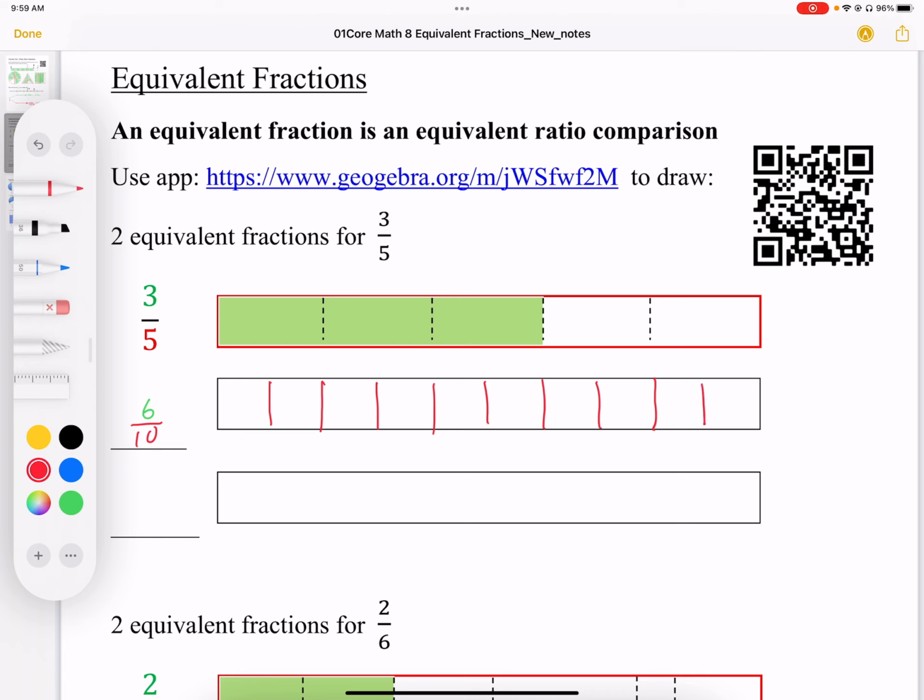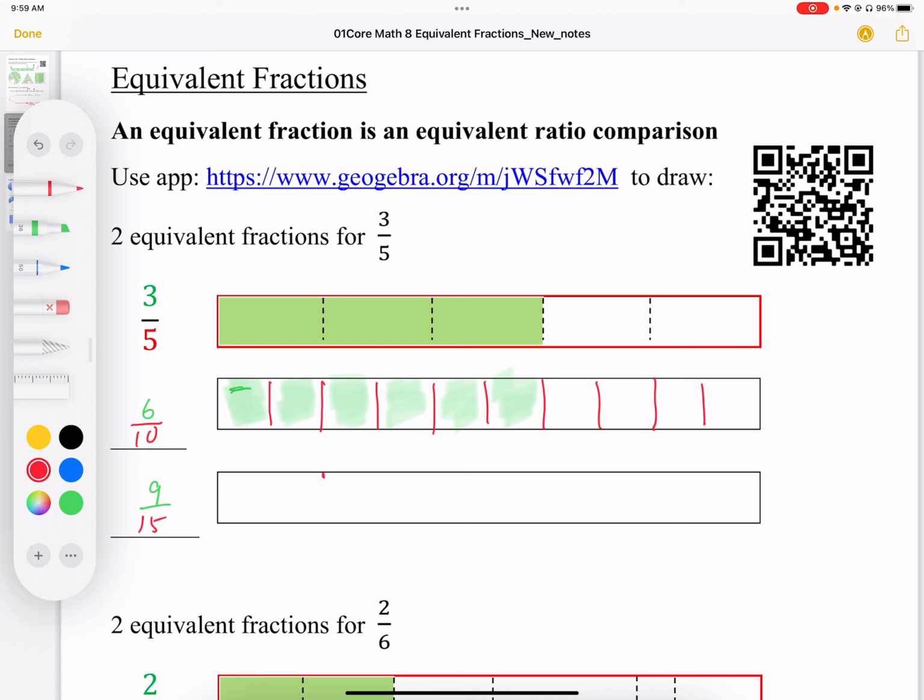And then I have double the number of parts that make up my whole. That also gives me double the amount of parts that make up my part. Okay, so I'm going to have 1, 2, 3, 4, 5, 6, and that green shaded area is the same as 3/5.